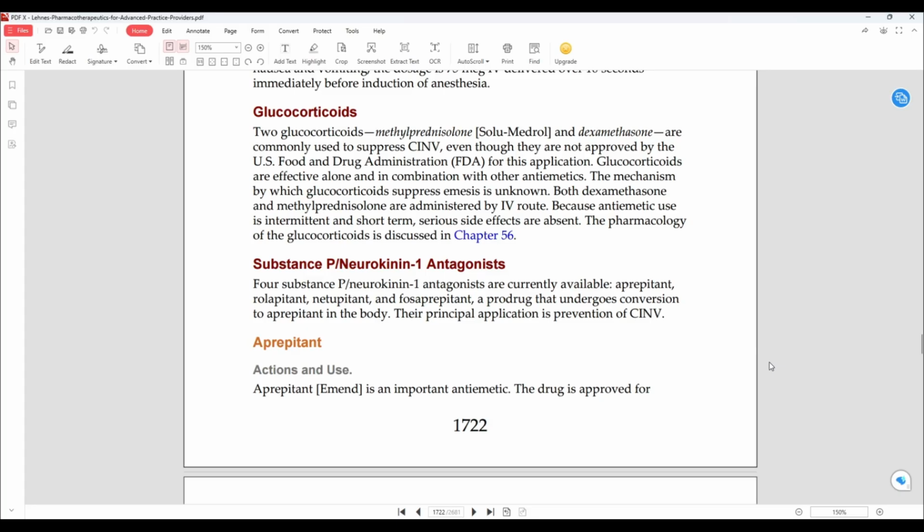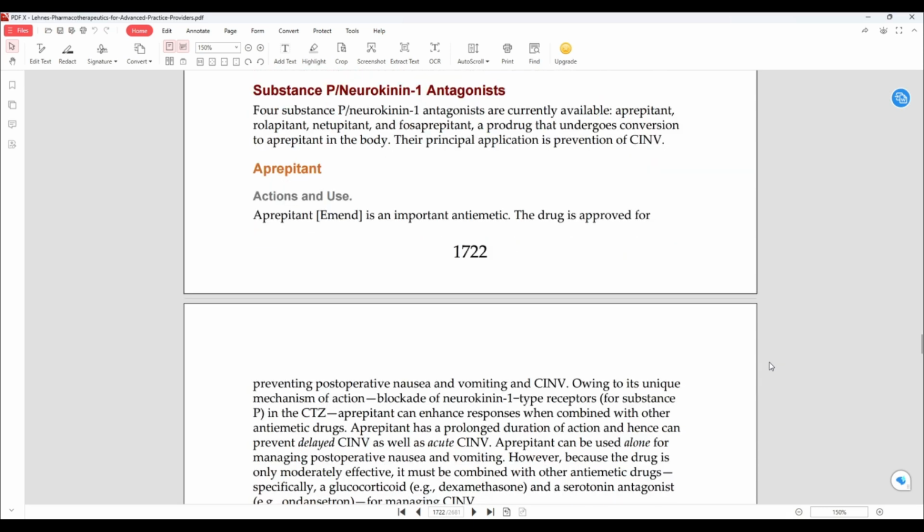The mechanism by which the glucocorticoids suppress emesis is unknown. Both dexamethasone and methylprednisolone are administered by IV route. Because antiemetic use is intermittent and short-term, serious side effects are absent. The pharmacologic use of glucocorticoids is discussed in Chapter 56.